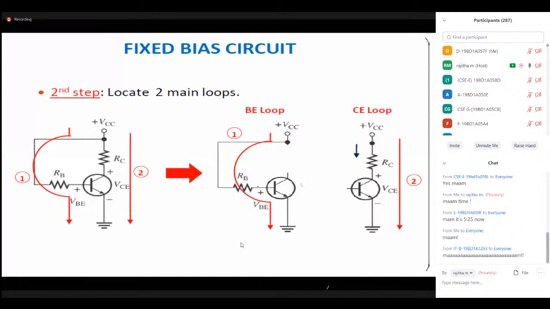Hence, due to that mismatch, you might experience a distortion or a movement of the DC operating point on the load line.